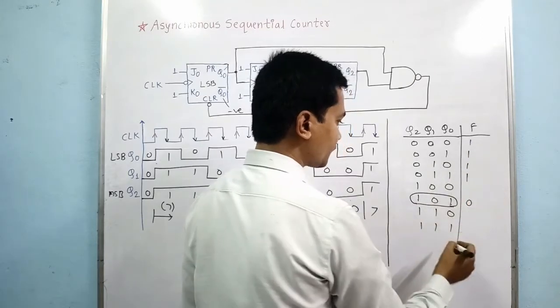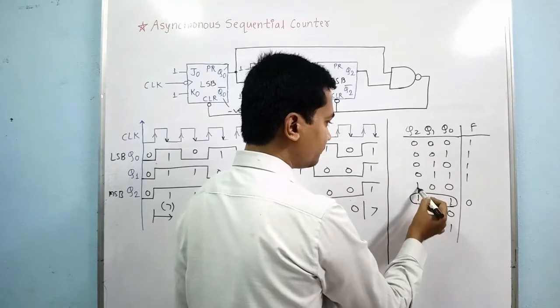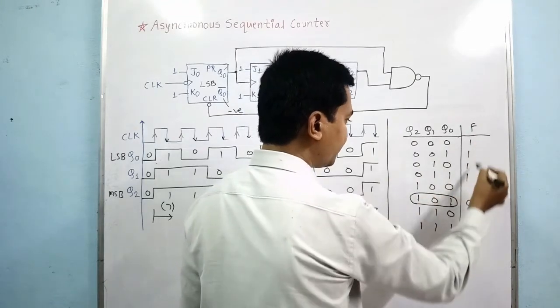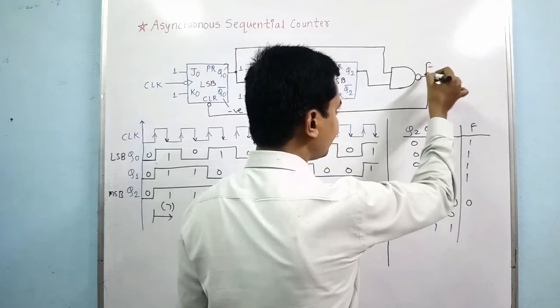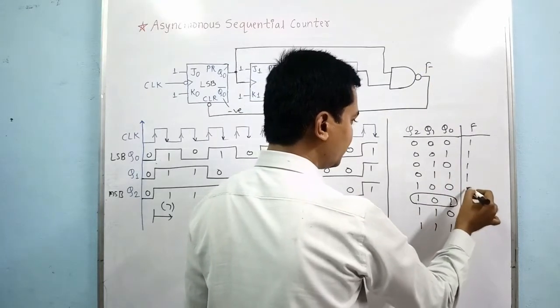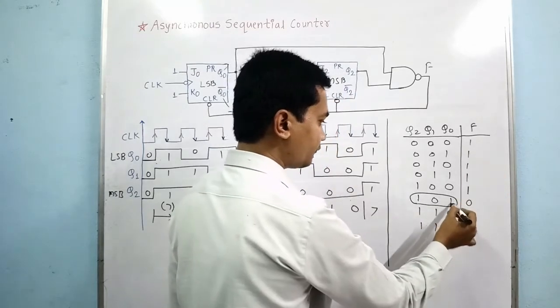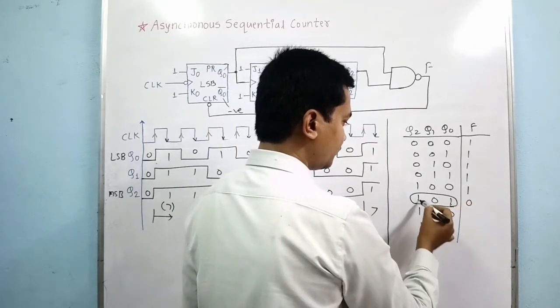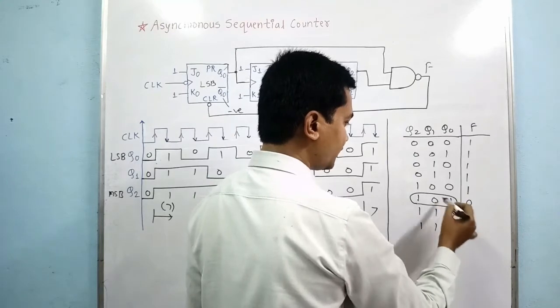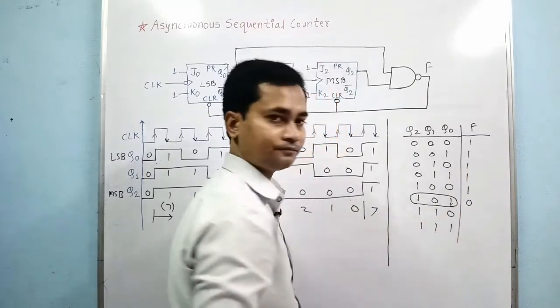Here Q2 has been set to 1, but due to this 0, the output of the NAND gate, which I am calling F, will still remain 1. Only for 101, due to this combination, the output of the NAND gate will become 0.